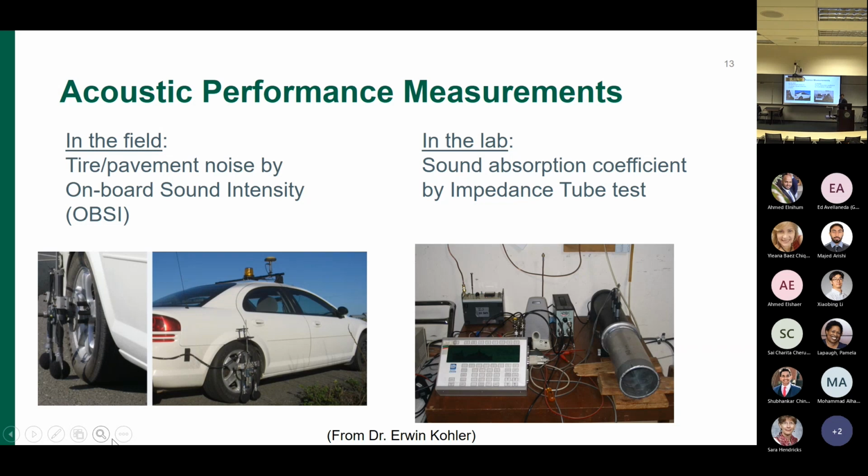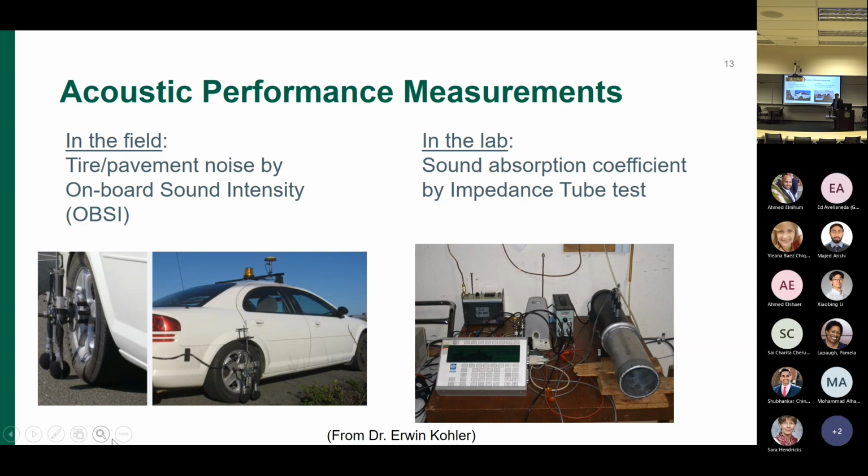In the lab, we use an impedance tube test, in which we put the sample in this metal tube and send a white noise signal to the surface of the sample. Then we measure the sound pressure that is reflected by the specimen surface, and we can calculate the sound absorption coefficient.